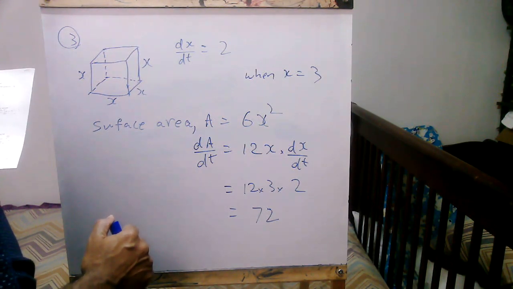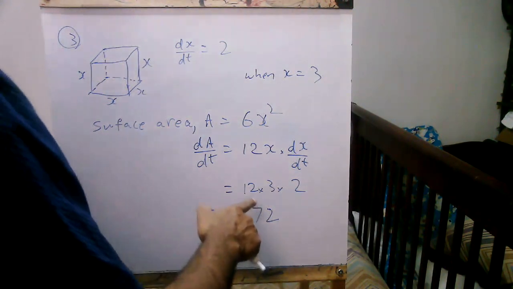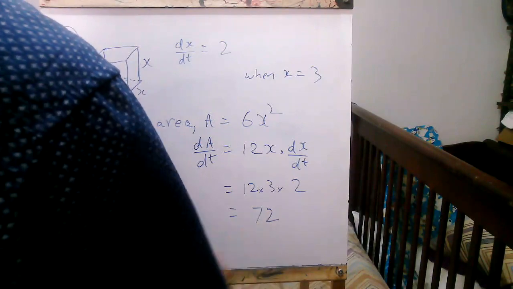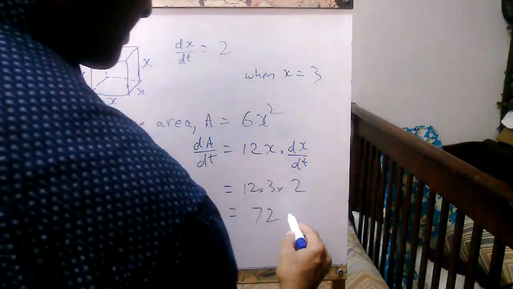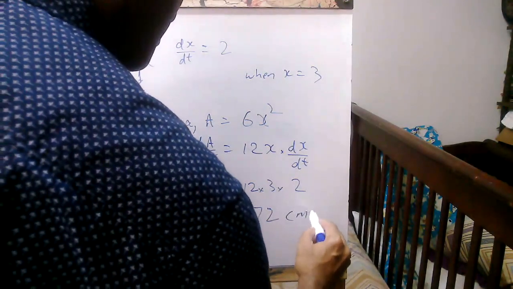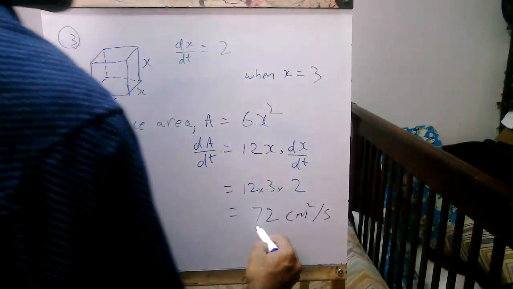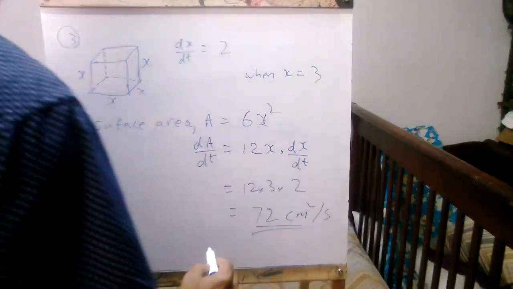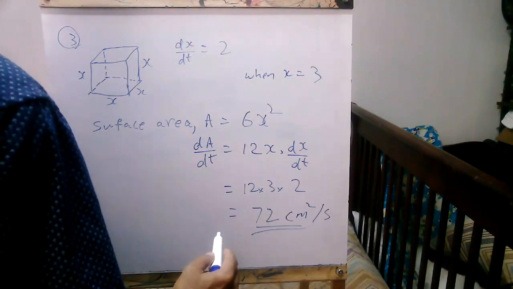What is the instantaneous rate of change of the surface area? 72 square centimeters per second. Right, this is the final answer. The answer choice 72 is E.